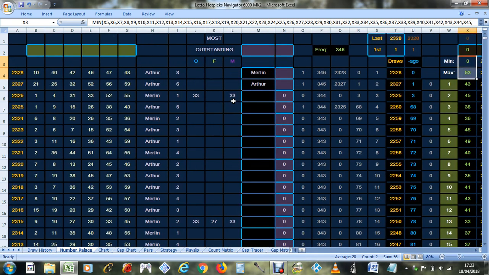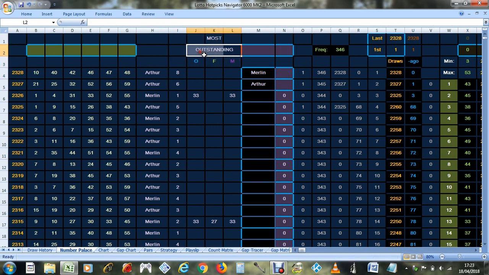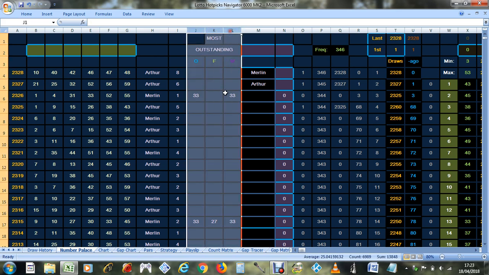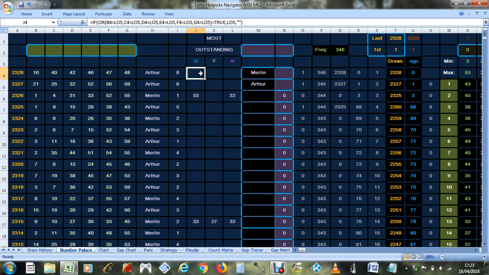Now, I've slightly modified this sheet to include this section, and this is a section that basically outlines which numbers were most outstanding and why they were most outstanding.